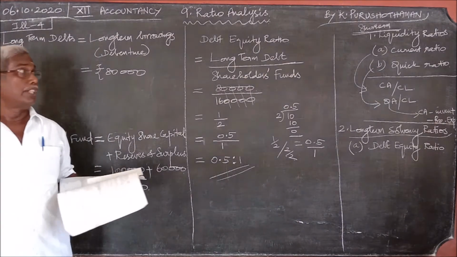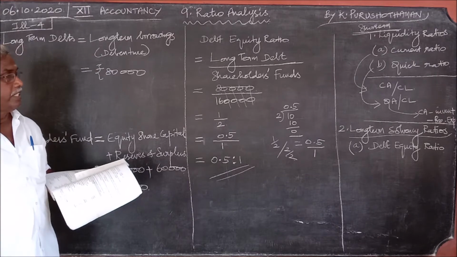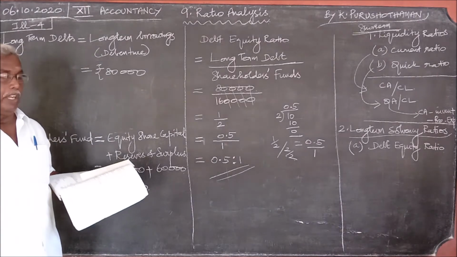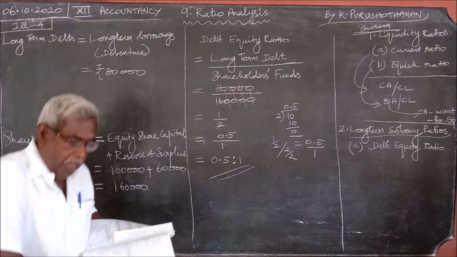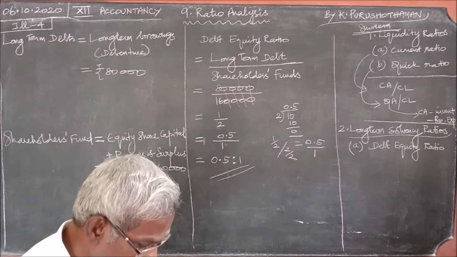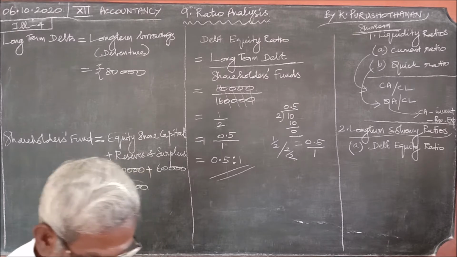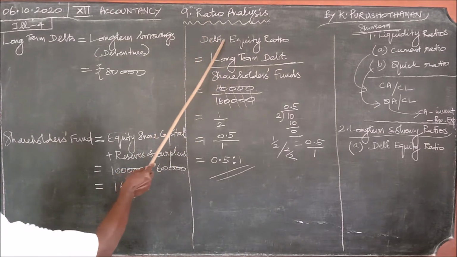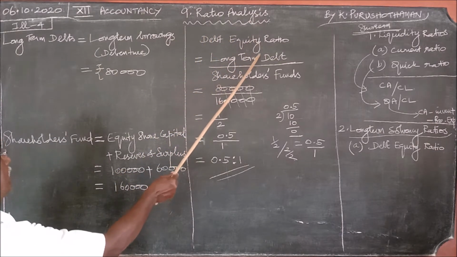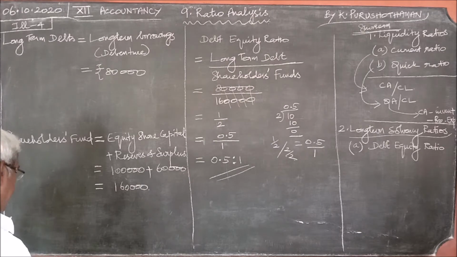The first ratio is debt equity ratio under long-term solvency ratios. For that, we should remember the formula. The formula is debt equity ratio is long-term debt by shareholders fund.